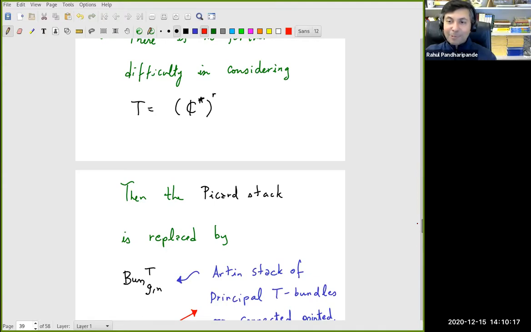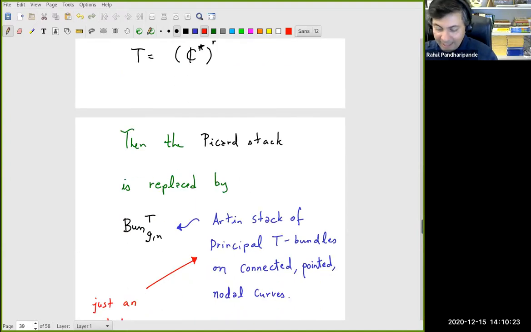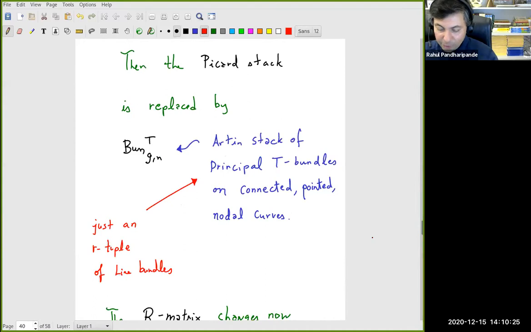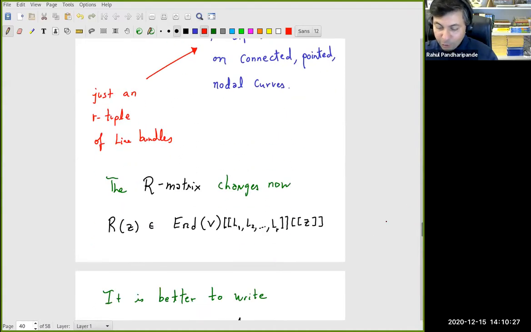Of course, it might be wrong in all those cases, but there's no difficulty in doing it with R line bundles at the same time, just an R-tuple of line bundles. One of the things, of course, is that the R matrix changes now, in that there is a variable for each one of the universal line bundles. Everything else is just the same.